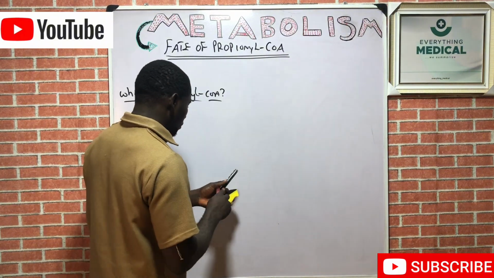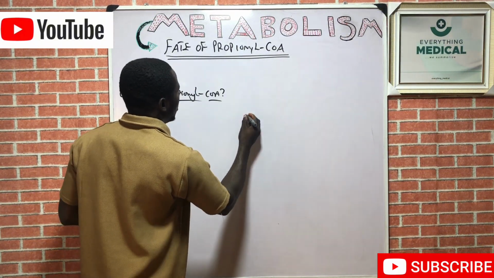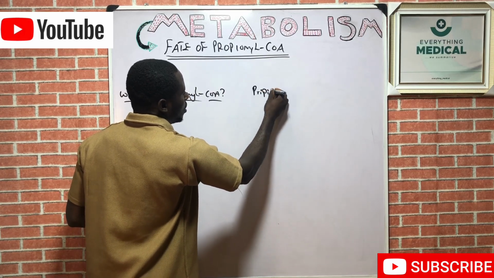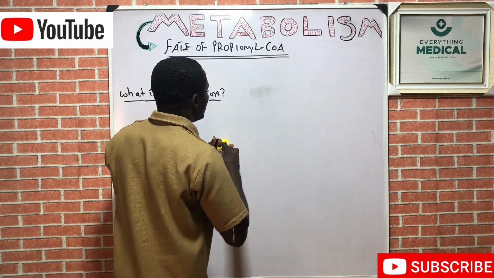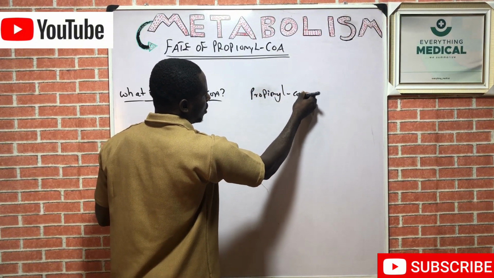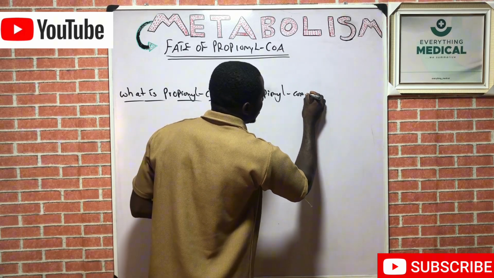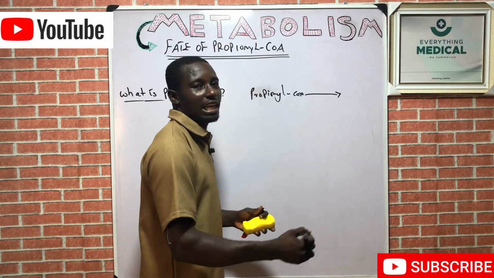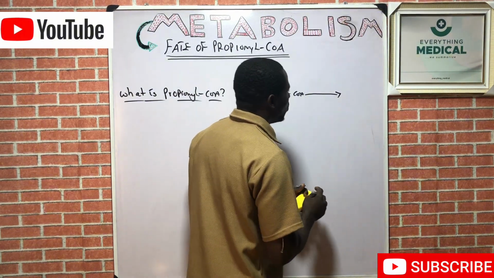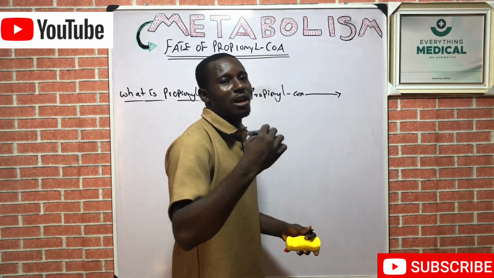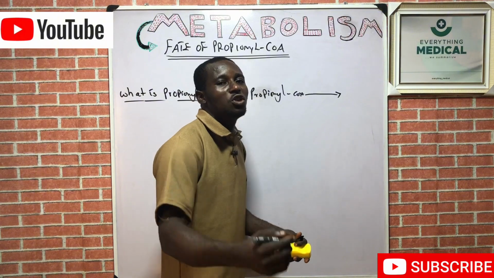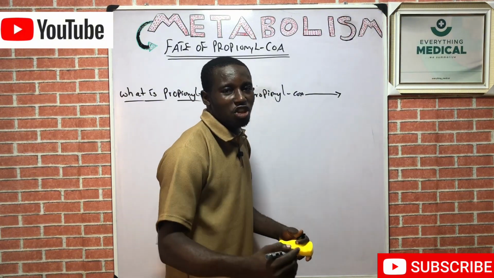First of all, propionyl-CoA is carboxylated to D-methyl-malonyl-CoA. It is what? Carboxylated to D-methyl-malonyl-CoA. Automatically, that is a CO2 fixation reaction because CO2 is being added and it is a carboxylation reaction.